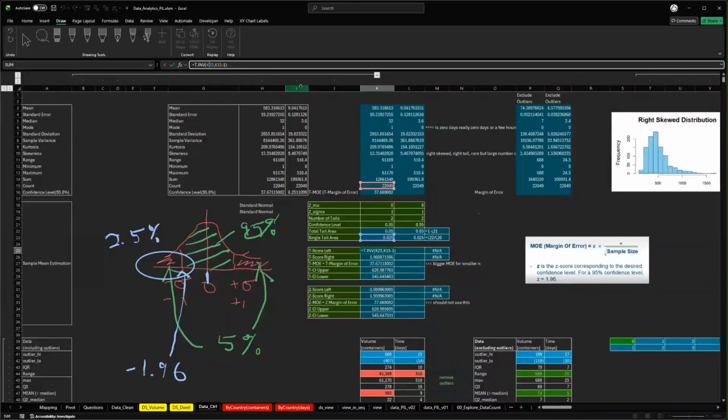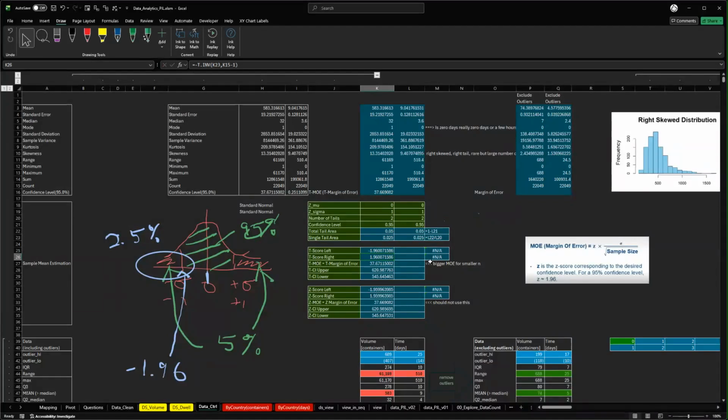Here we put in the probability of the tail, which is 2.5%. We also have to put in the degrees of freedom, which is the sample size minus 1. That gives us negative 1.96, which is similar to the Z but slightly different.